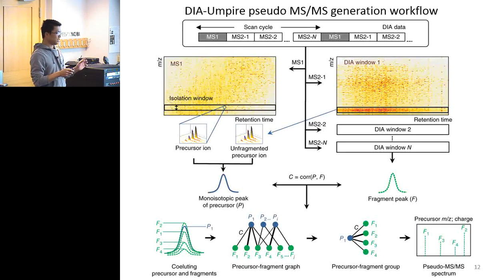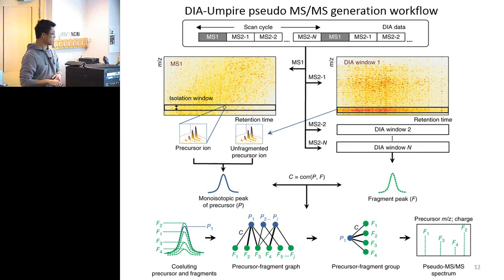The assumption is, if this fragment signal comes from this precursor peptide signal, then in the liquid chromatography domain they should coexist together. So basically what we do is calculate the correlation coefficient for their elution profile.